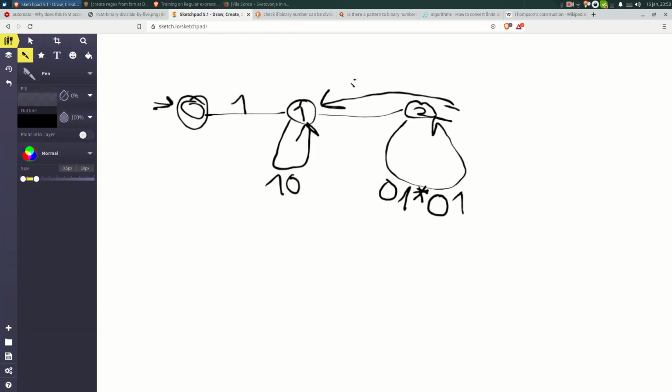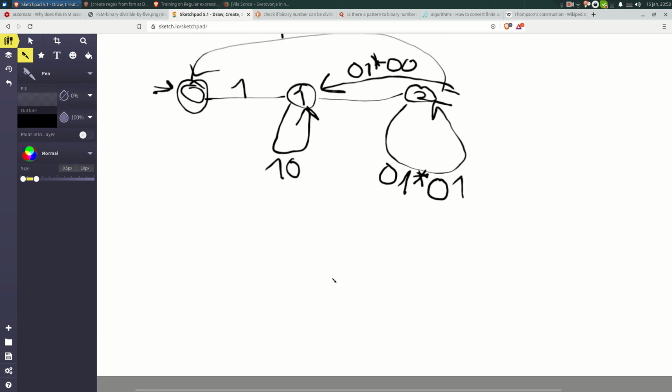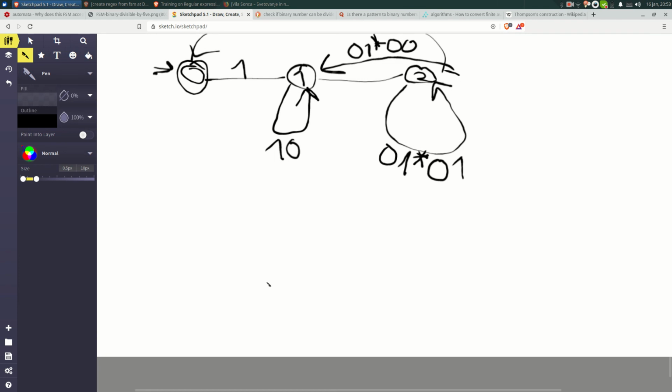So we say 0, 1 star, 1 star, 0, 0. Or we can go way back to the accepting state with 1. Now, alright, I can write it a little bit neater, so it's nice and clean.